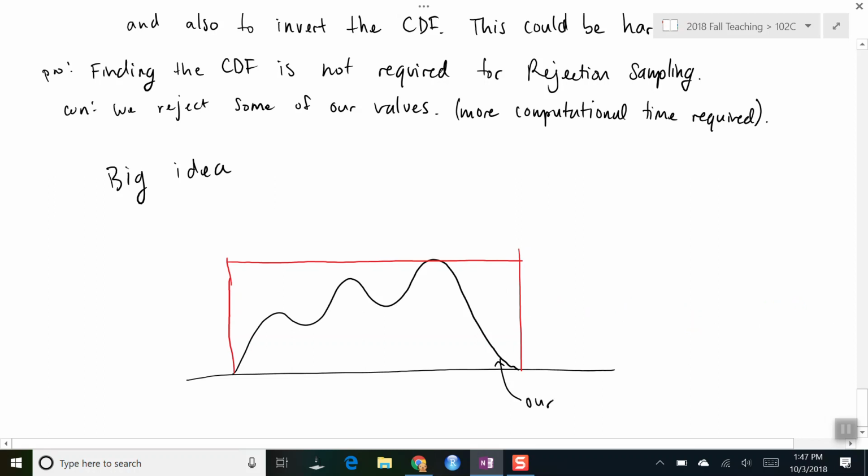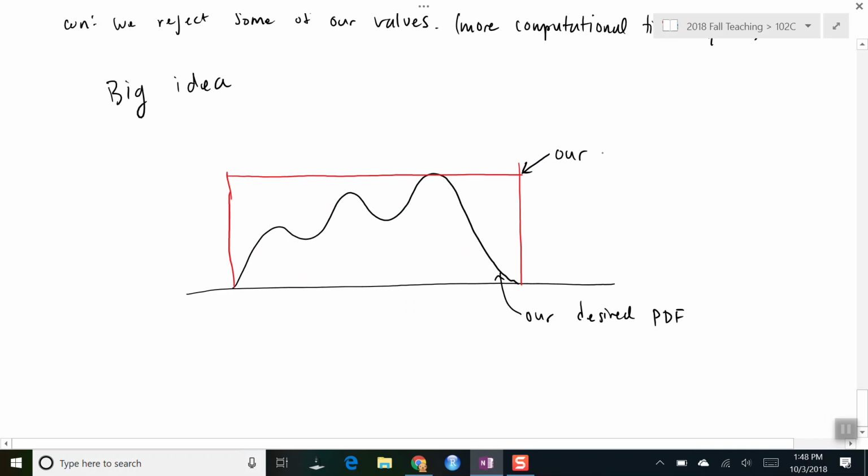And so we create kind of an envelope, ideally adjacent to it. And so this is our desired PDF. Okay, and then out here, this is kind of our, I don't know, enclosure.